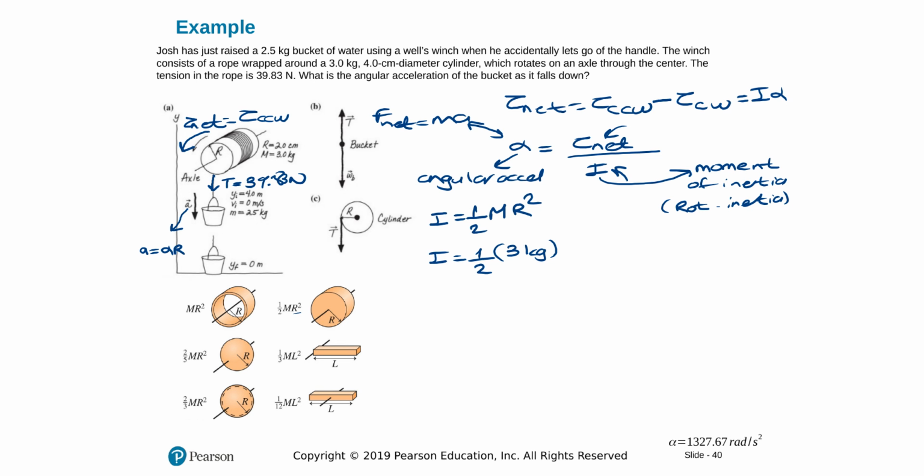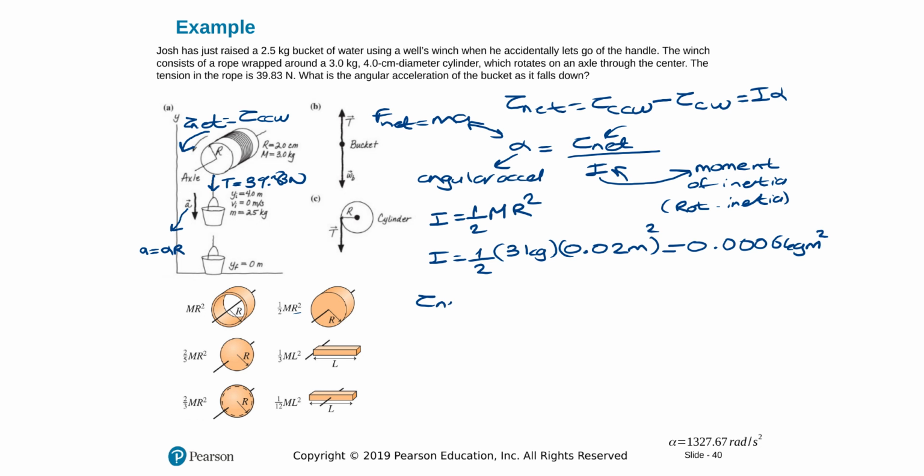Radius is given as 2 centimeters. We'll have that divided by 100, convert to meters, and square it. That's our inertia, and the value you got from there should be a small value, 0.0006 kilogram meter squared.